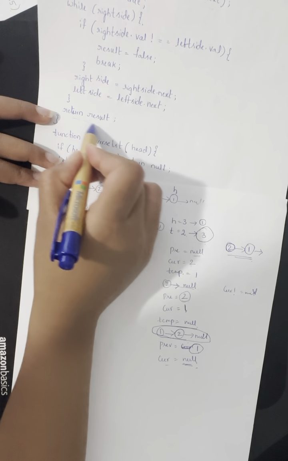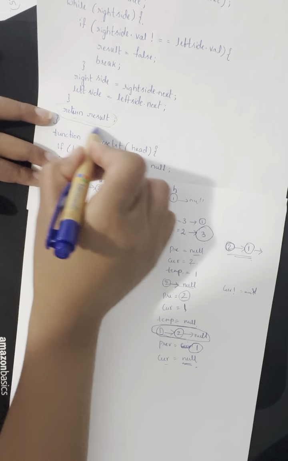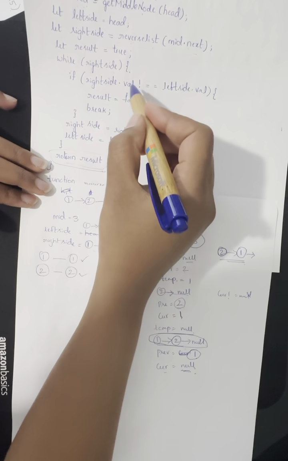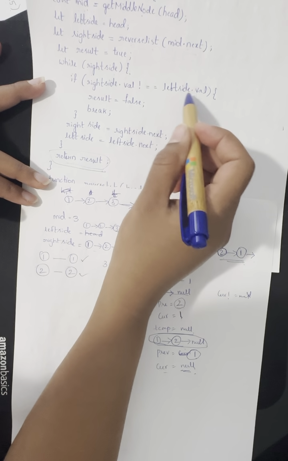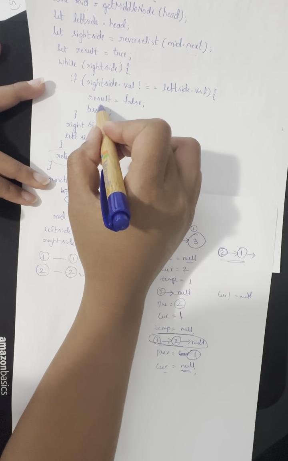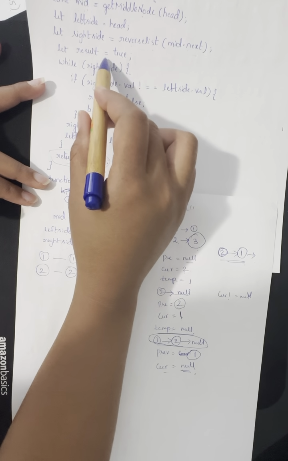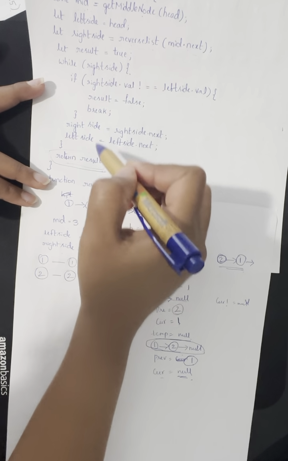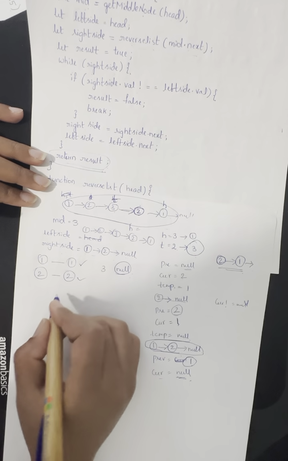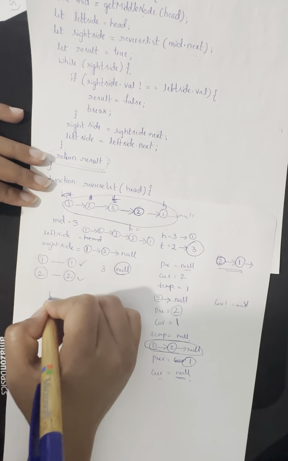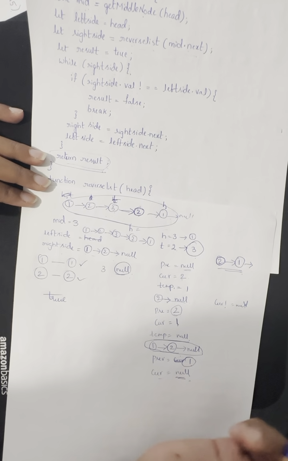And finally we are going to return the result. So here we did not get the right value not equals to left value, so we didn't change the result. So in the result we have true, and the true is returned since this is a palindrome. So for this input we'll return true as output.